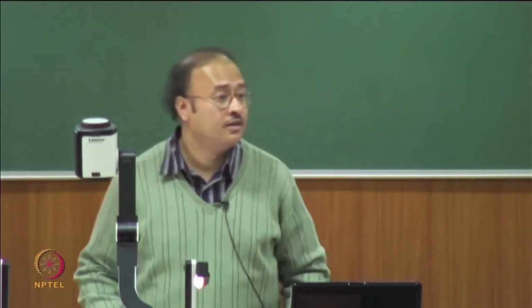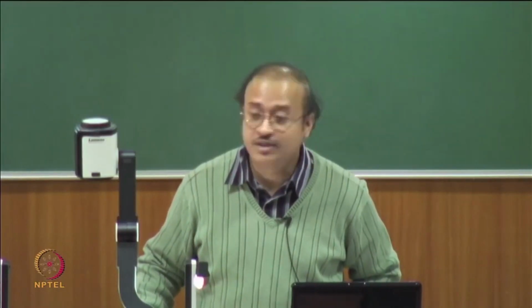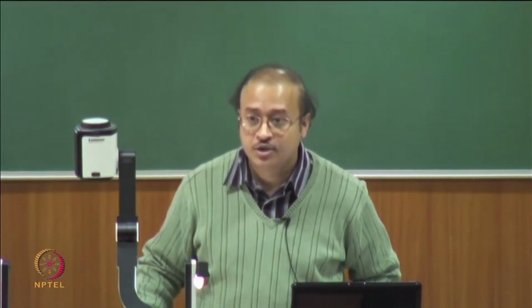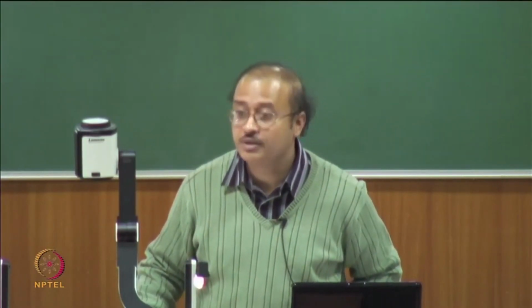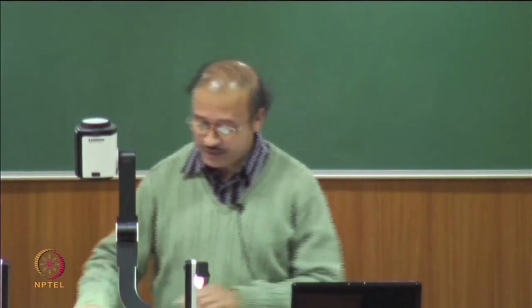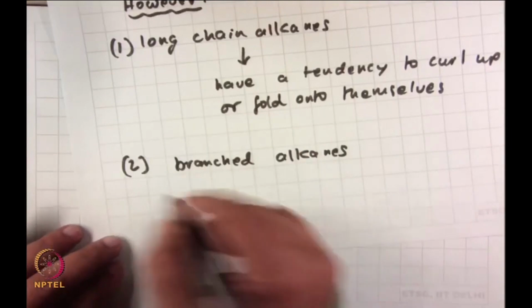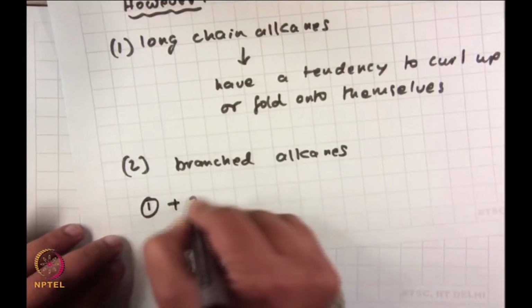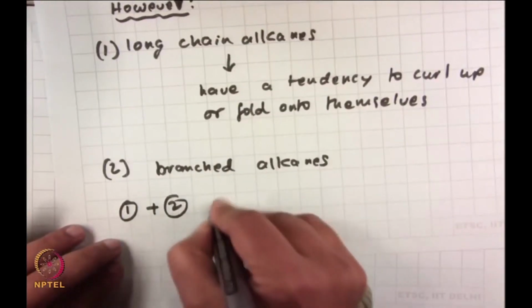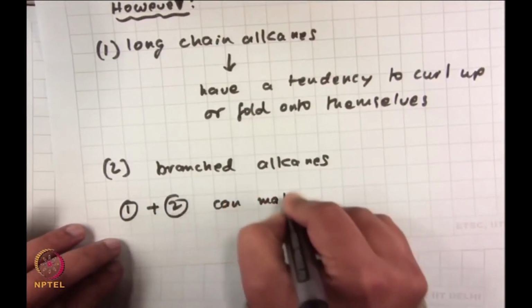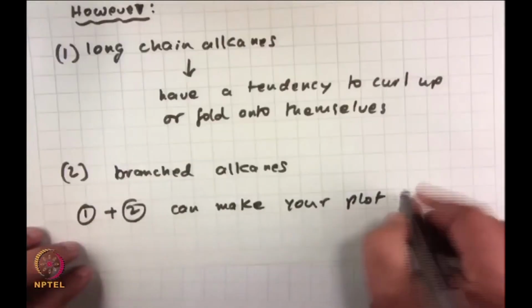And then there is no necessity that your delta G should exactly track the accessible surface area, that is, maintain the linear relationship. So that means 1 plus 2, either or together, can make your plot non-linear.